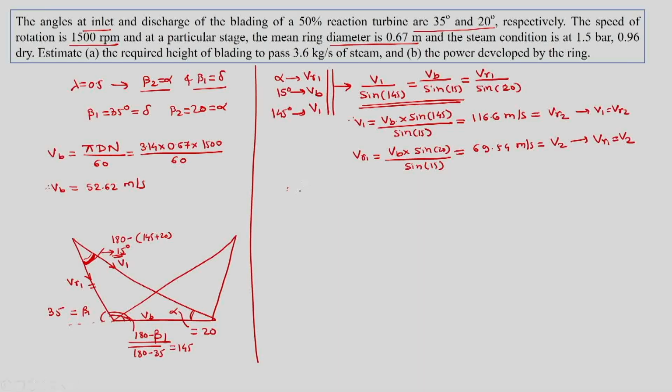Knowing this, we can find out delta VW, and delta VW is VR1 cos beta 1 plus VR2 cos beta 2. So VR1 we know now, which is VR1 into cos of beta 1 plus VR2, which is basically V2, and cos of alpha.